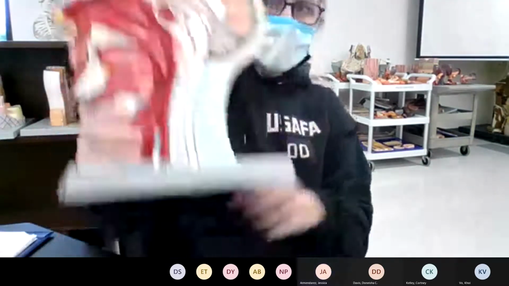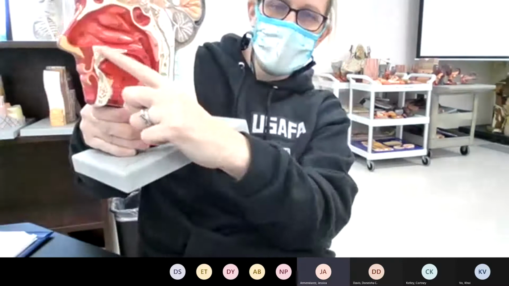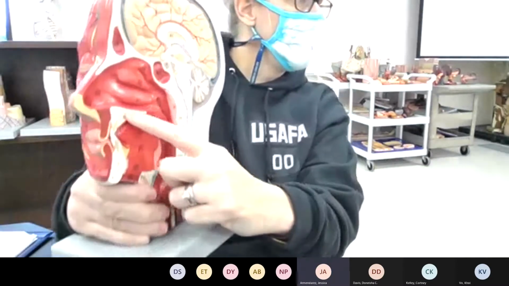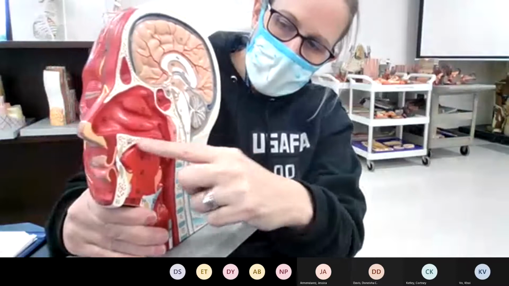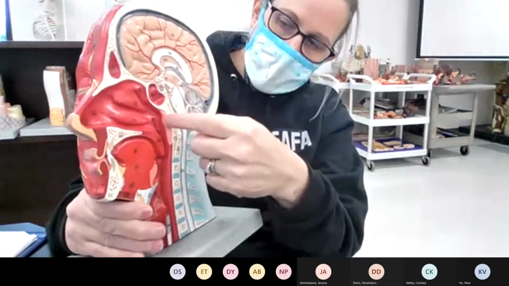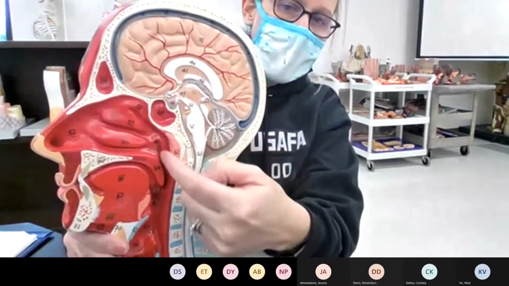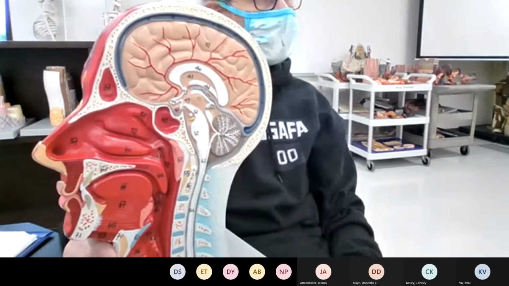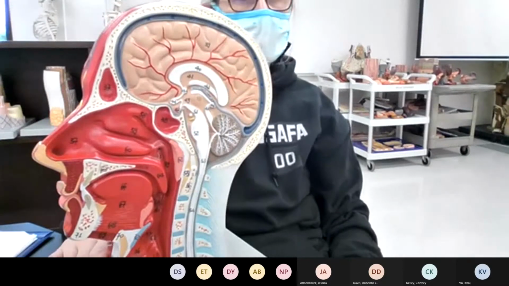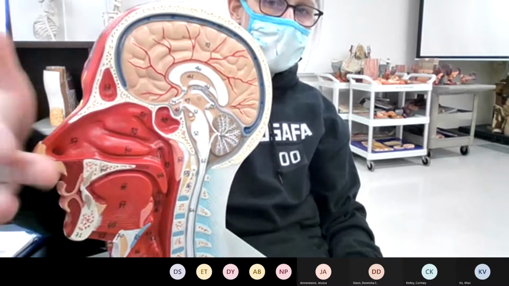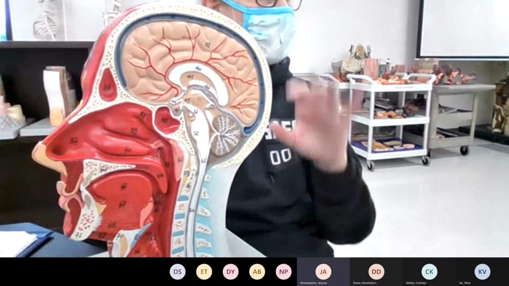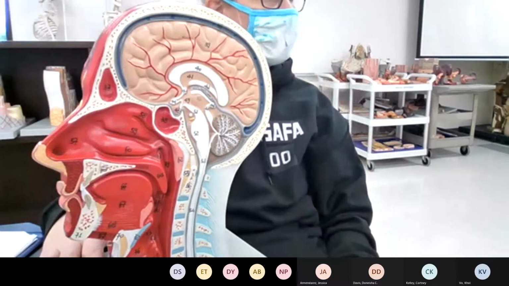What am I going to put tile on the floor of? The bottom. The hard and a little bit of the soft palate, which is where the uvula kind of comes out of. All right. And what are some of your landmarks back here in the back? If you had the external nares, then it would be internal nares, and then the opening might be a little bit of the vestibule.